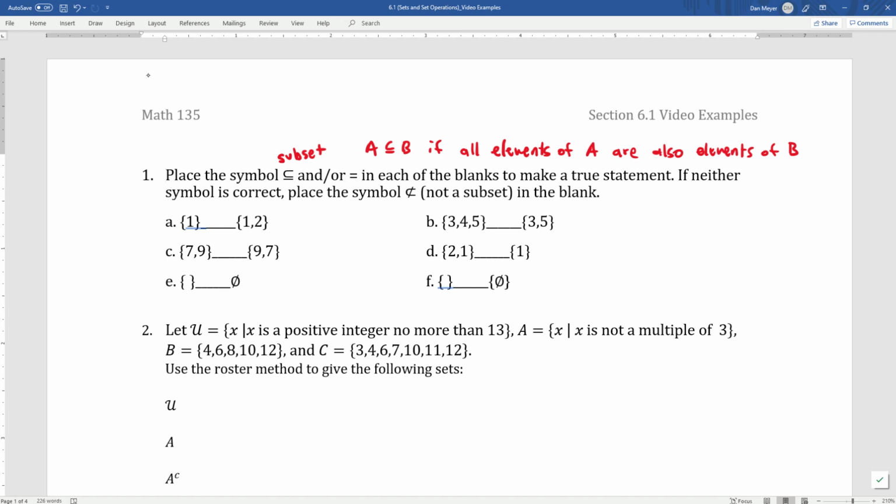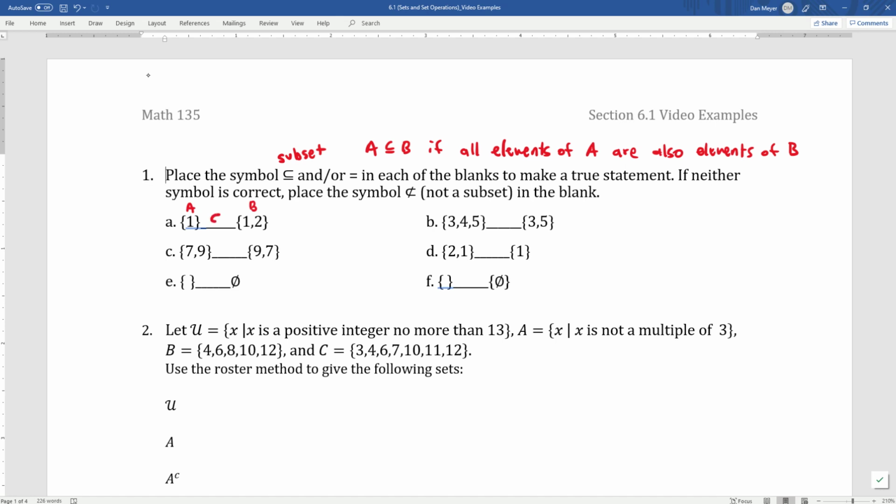Okay? So in part A here, we have the set that just consists of the single element 1 and its relationship to the set. Remember, these brackets indicate set, the set that consists of the elements 1 and 2. If we're thinking about this as being set A, and this as being set B, in order to build set A, I looked around in B and found some things that I wanted. In this case, I just took the 1.